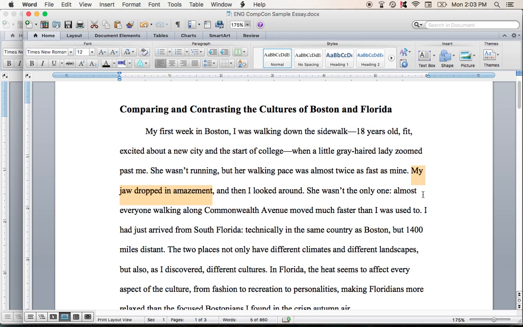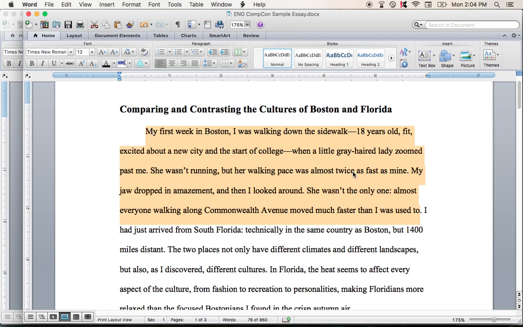I was surprised, and you can see it in my face. My jaw dropped. And then I looked around, and I saw that she wasn't the only one. A lot of people along Commonwealth Avenue were moving faster than I was used to. So this little story is the hook. It is trying to get the reader interested in this while also introducing the topic.